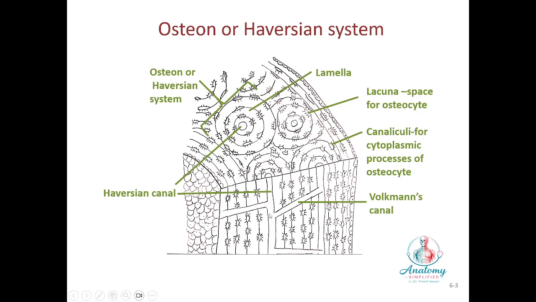Volkmann's canal connects the adjacent Haversian canals, and it also acts as a canal for the passage of blood vessels, nerves, lymphatics from one Haversian system to another Haversian system. Volkmann's canals also connect the periosteum with the endosteum.